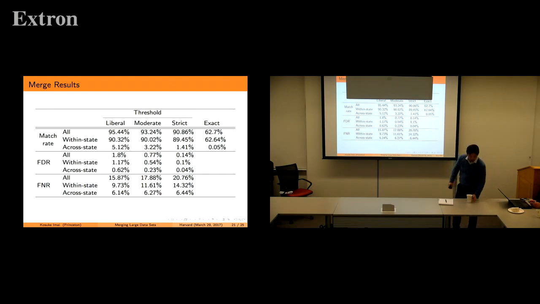When you find someone who's in a cross-state match, for the average person, how many people do you think they've matched with? How many people in the period forward have a very high probability of being a match? Because if that's high, then you might worry that you're just picking people who happen to have the same name and the same birthday.